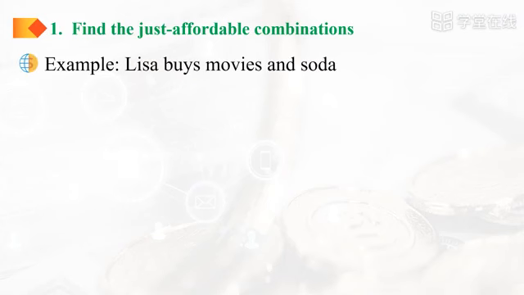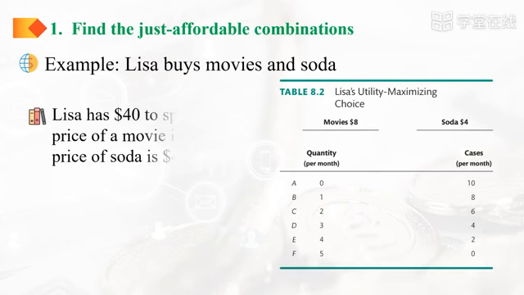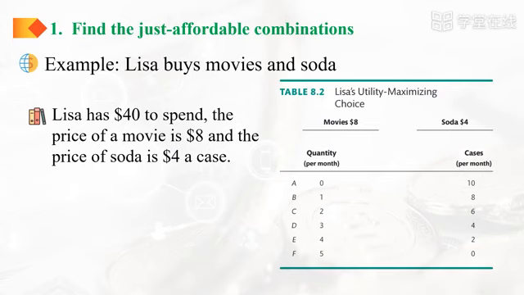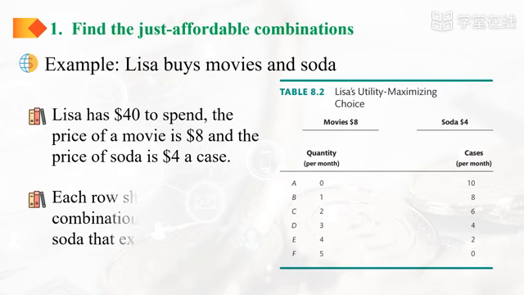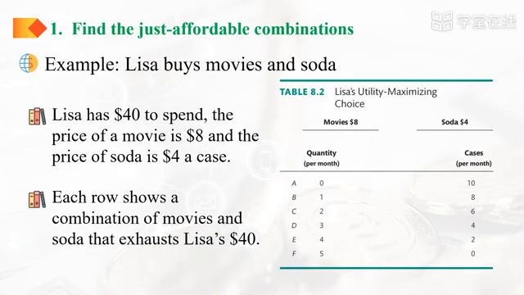Recall our example from last session. Lisa has $40 a month to spend on movies and sodas, and the price of a movie is $8, and the price of a soda is $4 a case. Each row of the table shows a combination of movies and soda that exhausts Lisa's $40. The table shows all just affordable combinations.